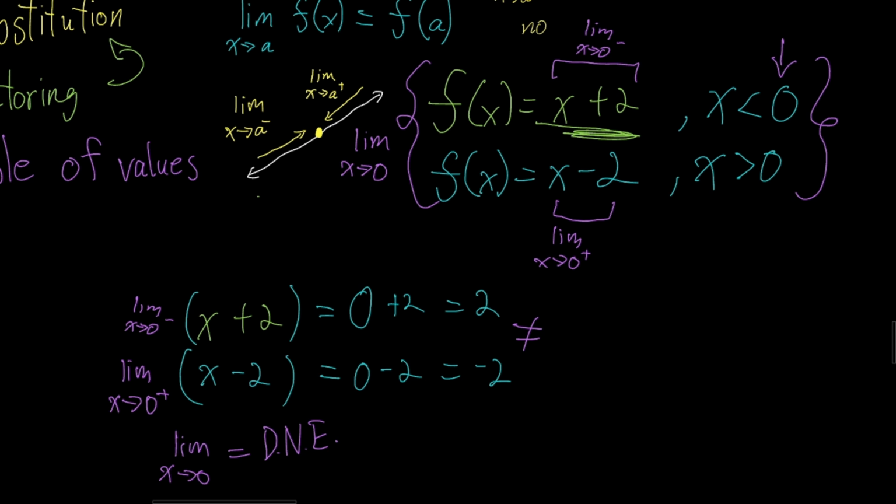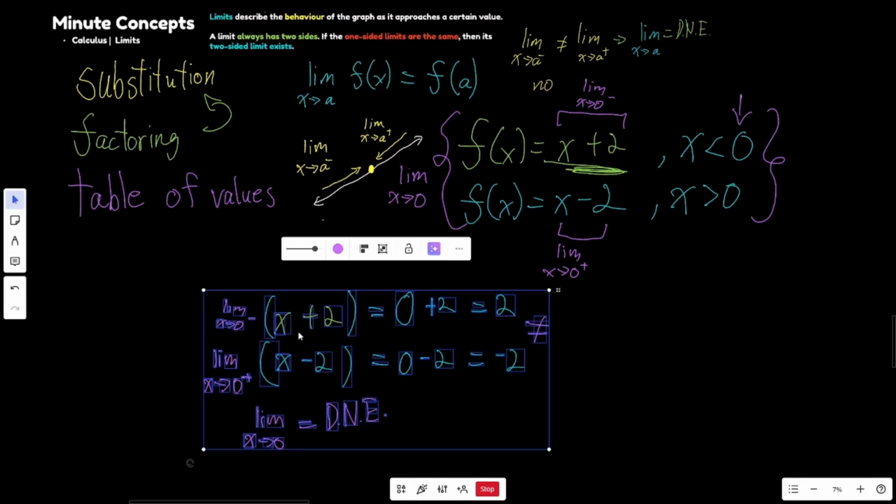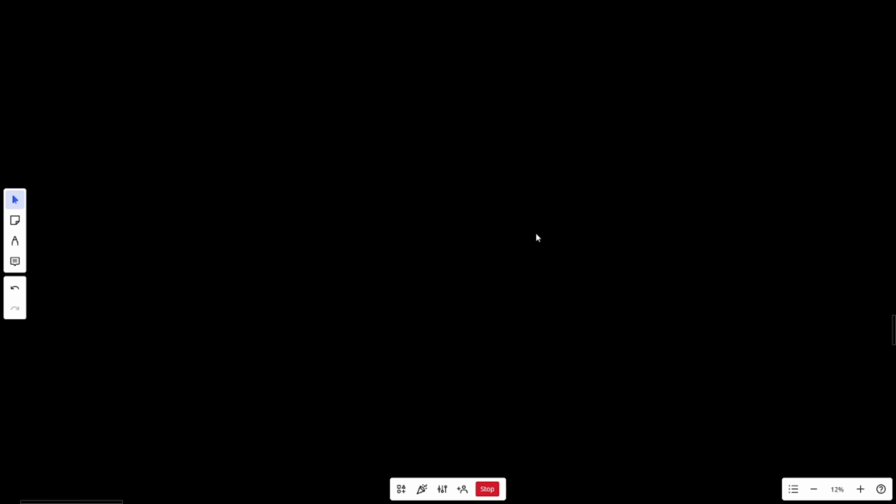Now, what is another thing that we have to study, rather, about limits? Okay, so not every limit that we're going to encounter is a piecewise function. We'll also be getting limits like this.